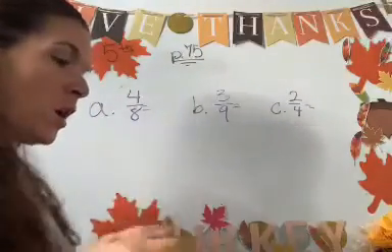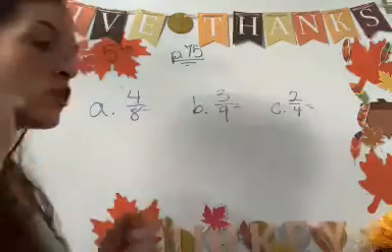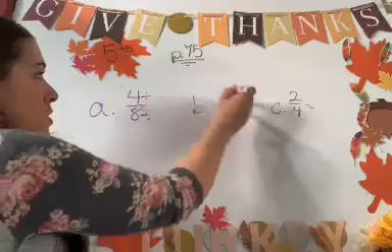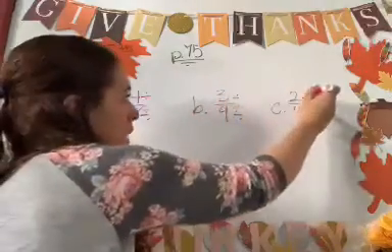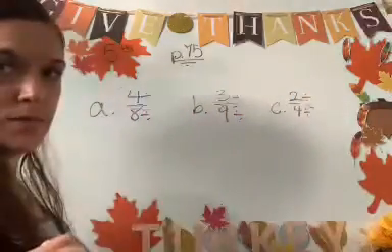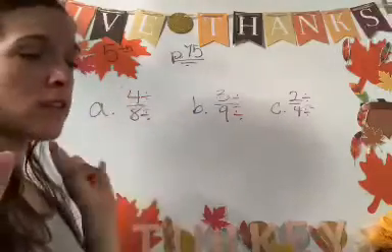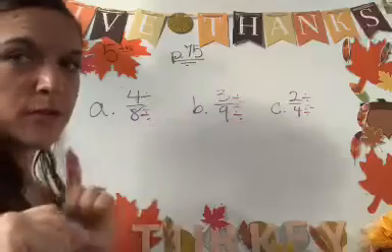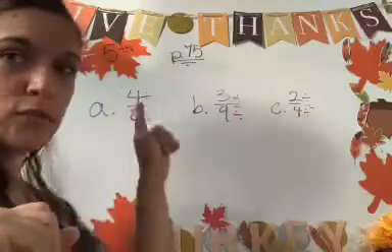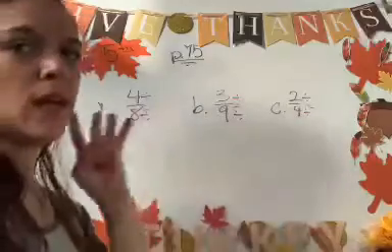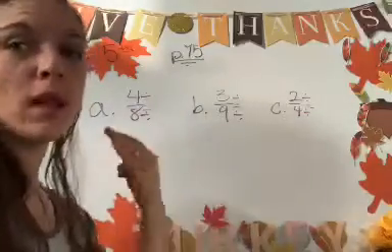So one thing I've watched Danielito do is as soon as he sees that these have to be reduced, he goes and puts his little division symbols, which is like a super smart strategy, okay? So look at 4 and 8. What are the factors of 4? I'm going to do this one for you, and then I'm going to ask you a few questions. 4 is 1 times 4, 2 times 2, right?